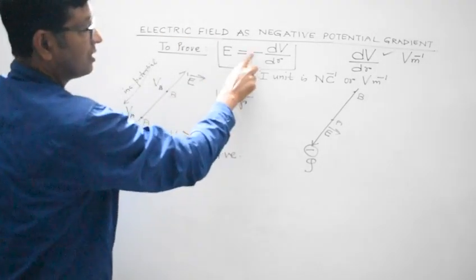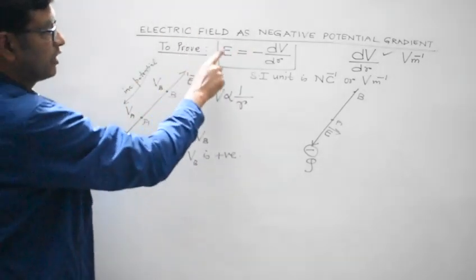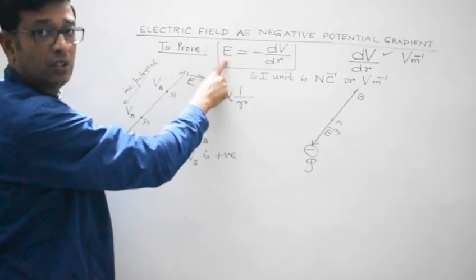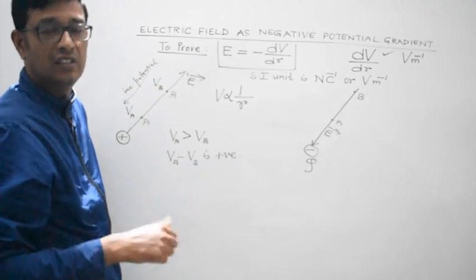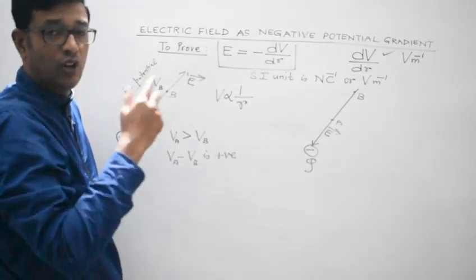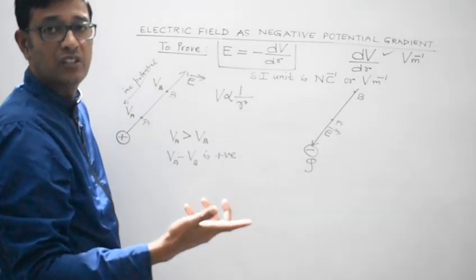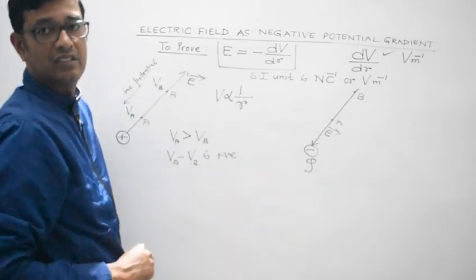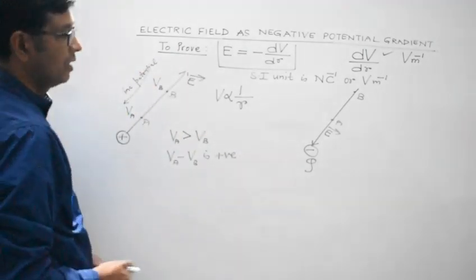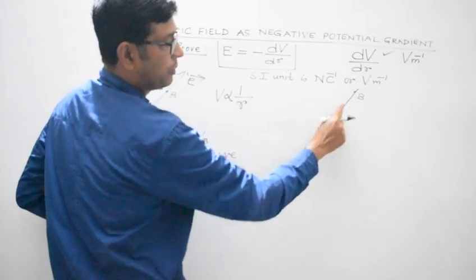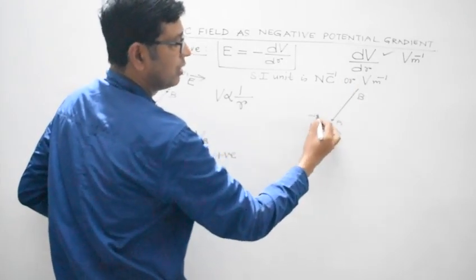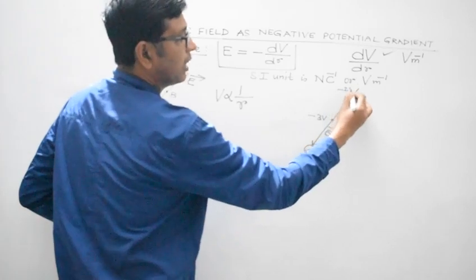So the negative sign suggests that the direction of the electric field is opposite to which the value of potential increases, or along the direction in which the value of potential decreases. Right? Here also you can justify it. Here VA in magnitude would be greater than VB. Suppose it is minus 3 volt, it is minus 2 volt.